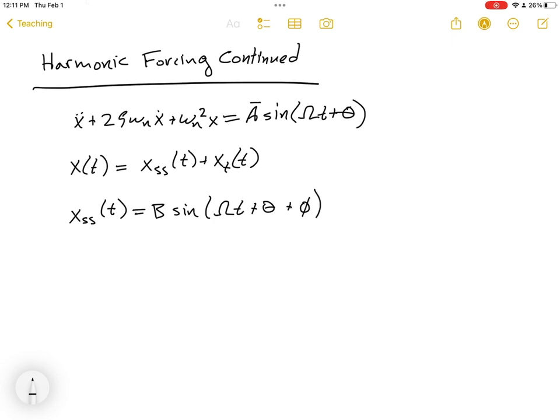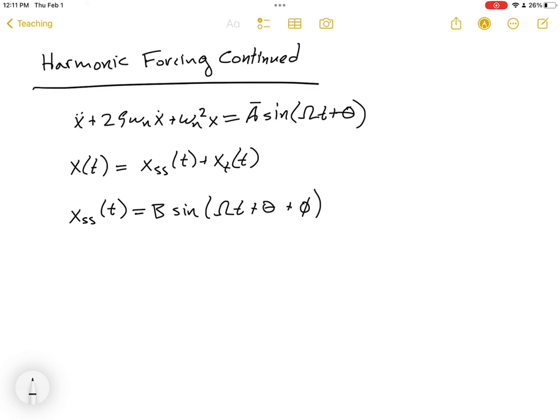So we'll notice a couple things here. First, if the input is a sinusoid, then the output, or the solution in the steady state, is also going to be a sinusoid. If we give the input some magnitude a bar, the output is going to have a different magnitude b.